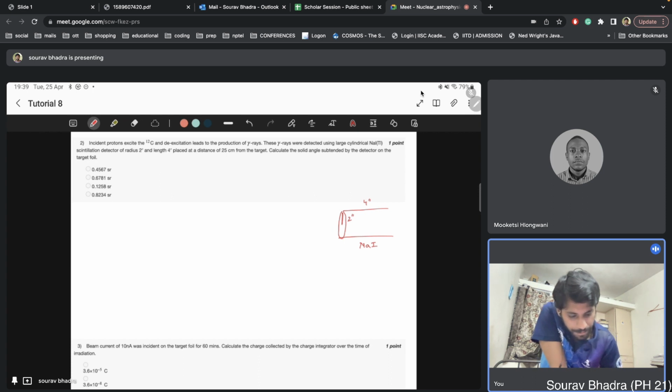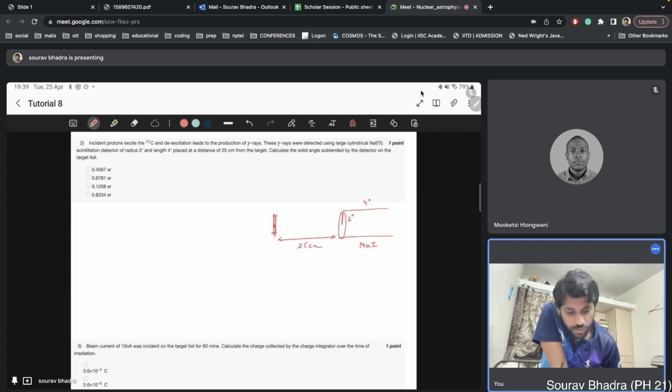It is placed at a distance of 25 centimeter from the target, the reaction center. Calculate the solid angle subtended by the detector on the foil.